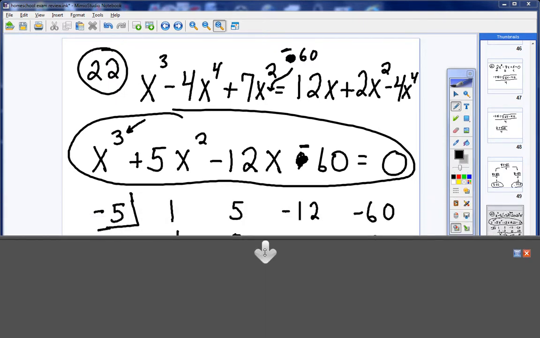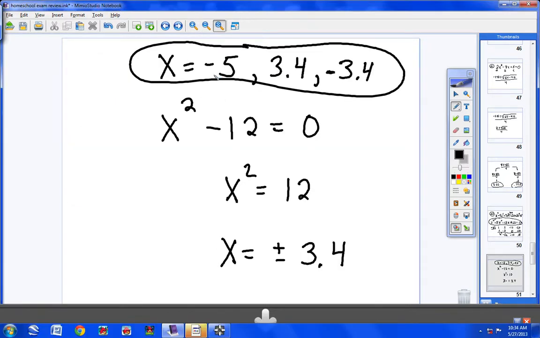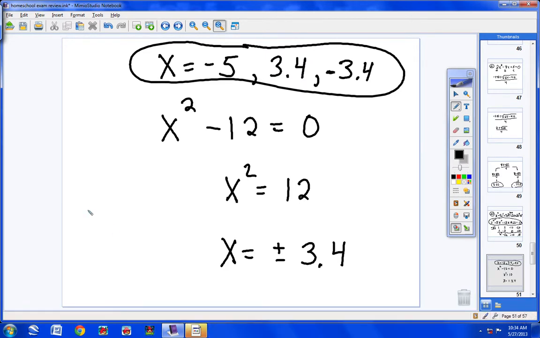So I told you, after many tries, I told you negative 5 was a 0, and it was. And so then we were left over with this right here. And so then we take our leftover and we set it equal to 0 and we solve. So the one on the test will be pretty similar to that. Okay? All right, let's continue on to the next problem.